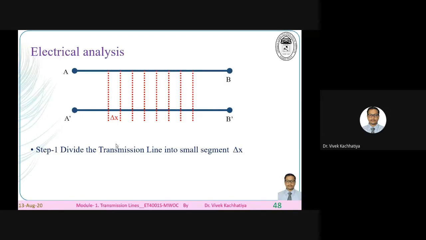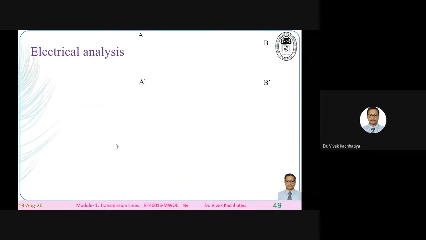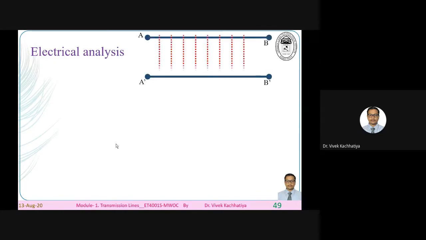To eliminate that, in step number 2 we assume that this size is very small. So we have to make sure that the limit of delta x tends to 0, which means it is not a length now, it is a point. This is all we already learned. Now this is my transmission line which I have divided into small delta x.